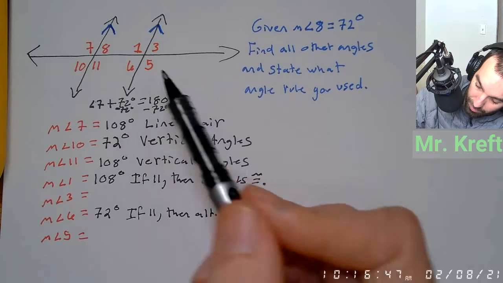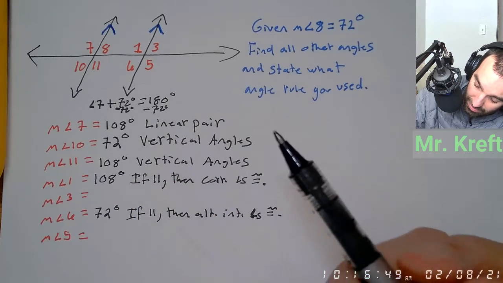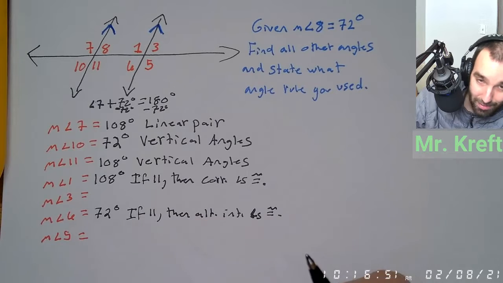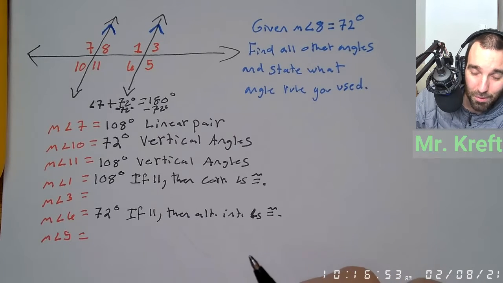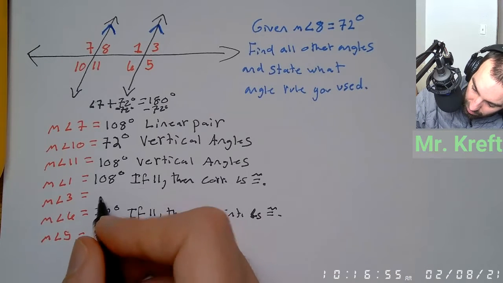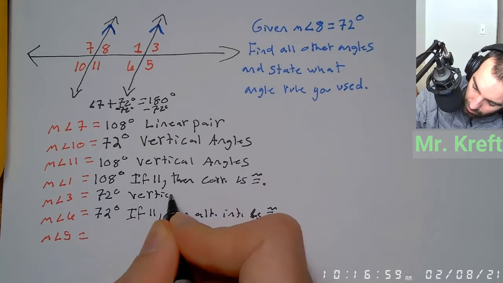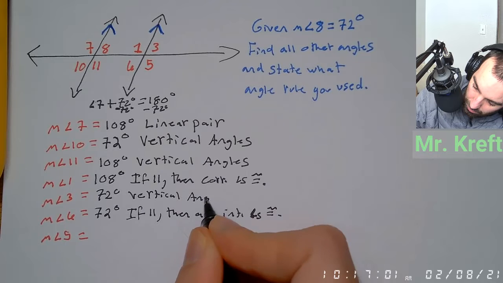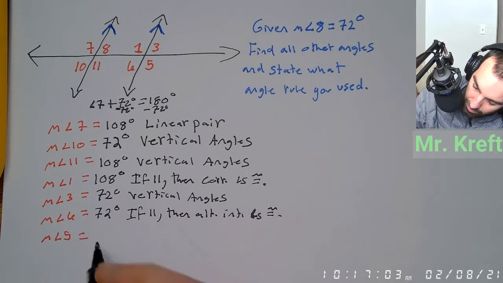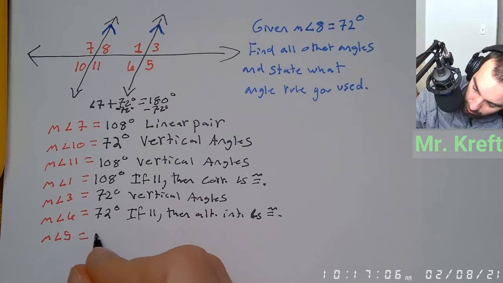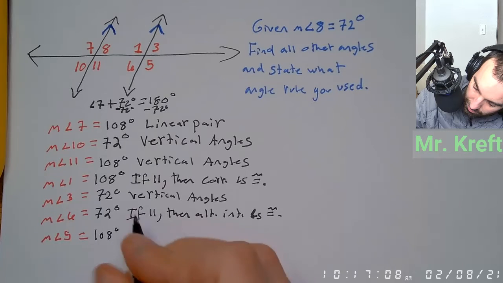Okay, and then for 3 and 5, again, I could do vertical angles here. I like vertical angles. They don't require parallel lines, so I kind of like them. So 3 is the same as 6, right, because of vertical angles. And I'm all for writing less too, right? Okay, so I have vertical angles. And then 5 is the same as 1, right?